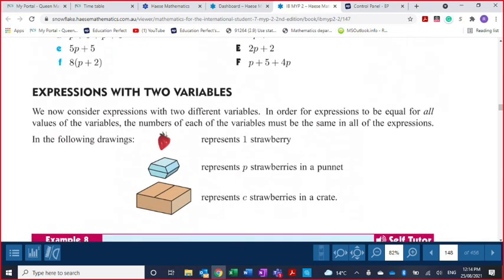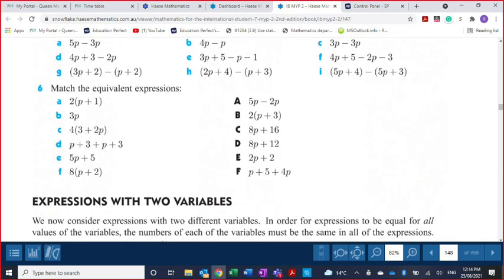Okay? Now, look at this one here with the 2 punnets plus 4 strawberries minus these. So we have 2 punnets plus 4 strawberries minus a punnet and 3 strawberries.